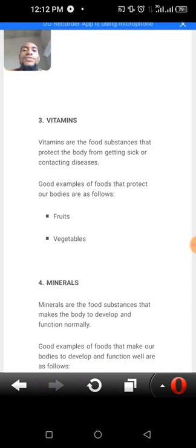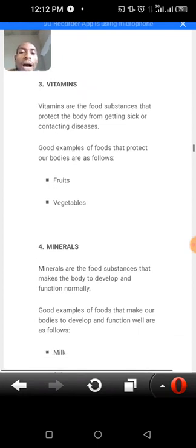Fruit. We all know different fruit like apple, watermelon, banana, etc. So those are what? Fruit. Or we take what? Vegetables. These are what? Vitamins. It will help us to build our body and protect us from getting what? Sickness. Right? So that's concerning vitamins.